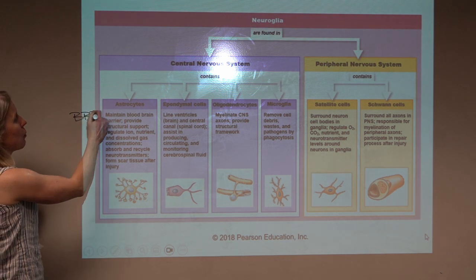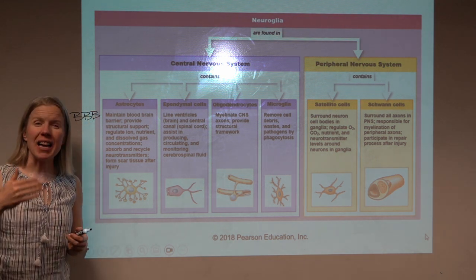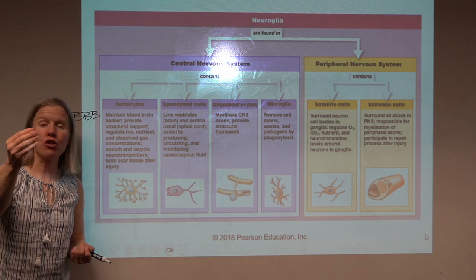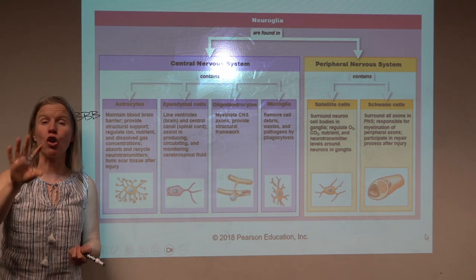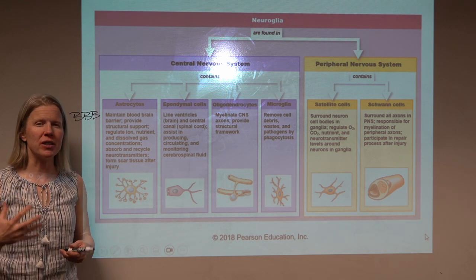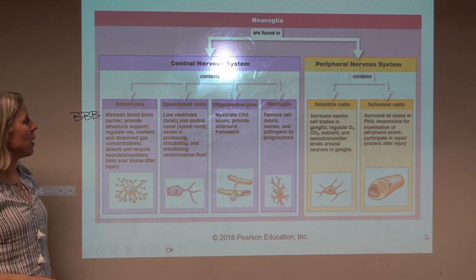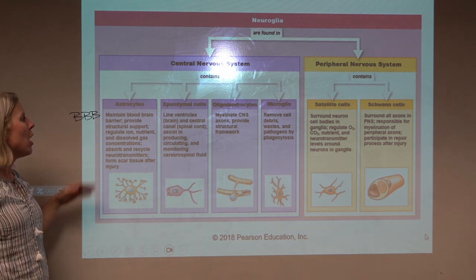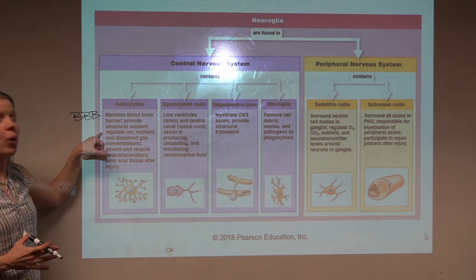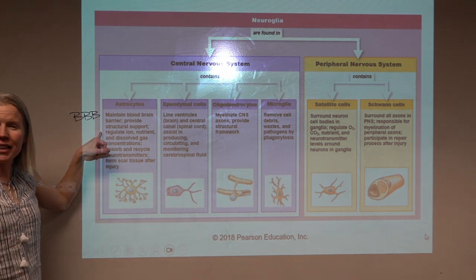The blood-brain barrier is like this extra coating on the capillaries in the brain that makes sure that pathogens cannot cross into the brain and cause an infection. We do this extra layer of protection for the nervous system. They're also then, as part of that blood-brain barrier, going to do a lot of regulating what moves in and out of the blood.